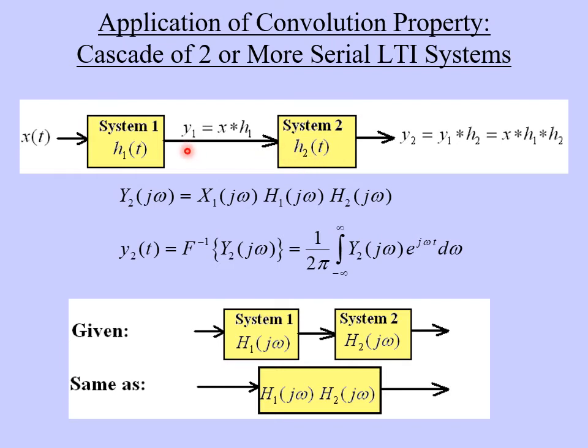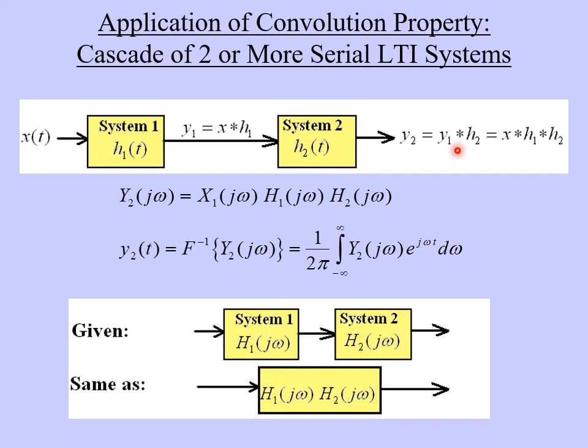So we know that the signal coming out of system 1, which we'll call y1, is equal to the convolution of x and h1, where h1 is this system's impulse response. The signal coming out of system 2 is the input, which is y1, convolved with h2, which is this system's impulse response, right?